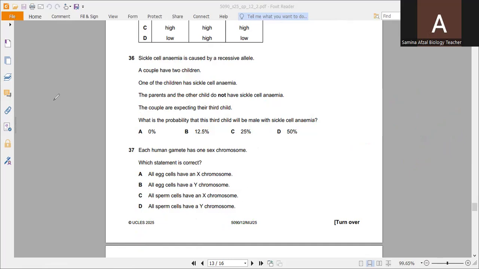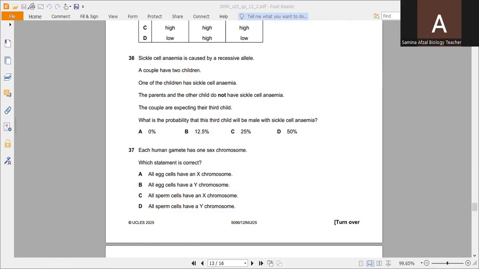Here you can see that both parents must be carriers. So we will calculate the probability that their third child will be a male with sickle cell anemia.